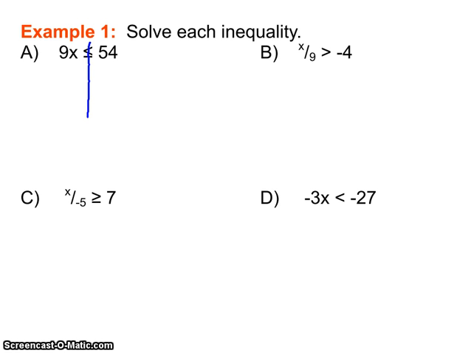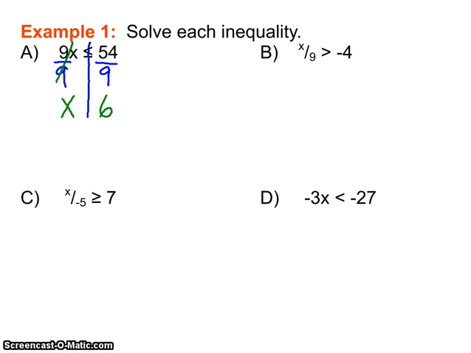Here, x is being multiplied by a positive 9, and therefore we have to do the opposite, or inverse, and divide both sides by a positive 9. Our inverse operations cancel out, and we're left with x, and 54 divided by 9 is 6.